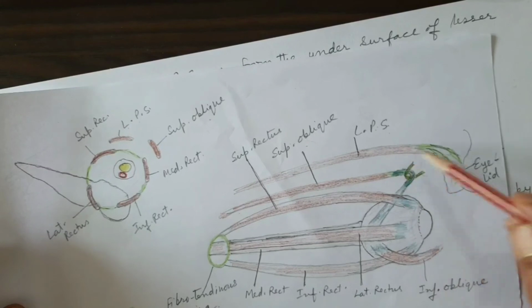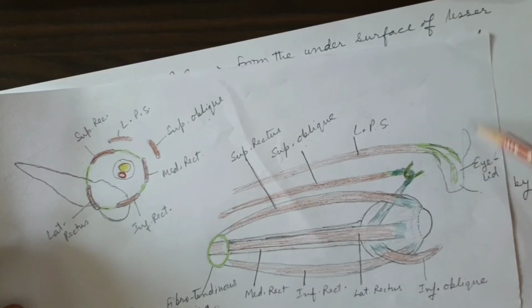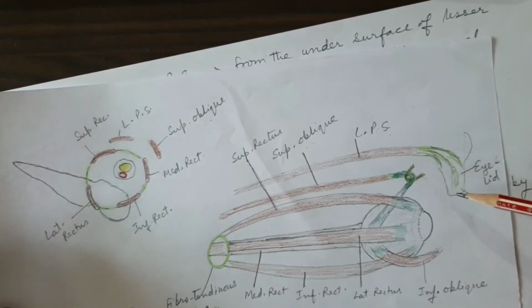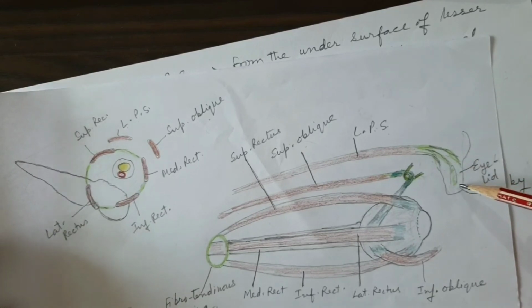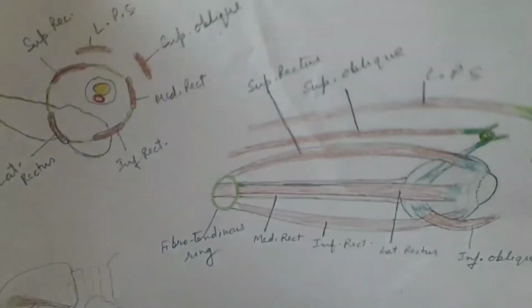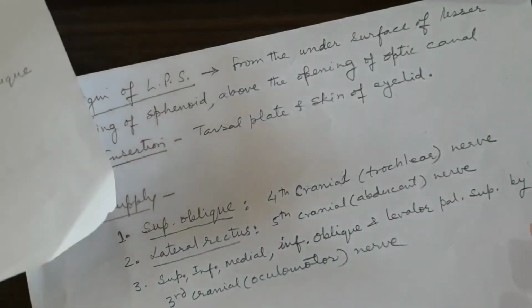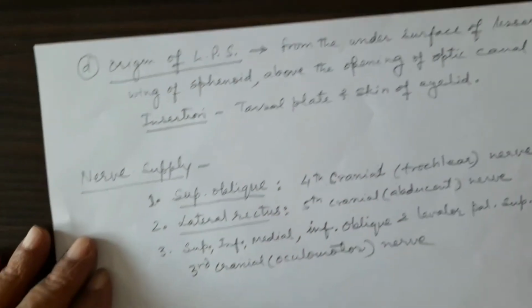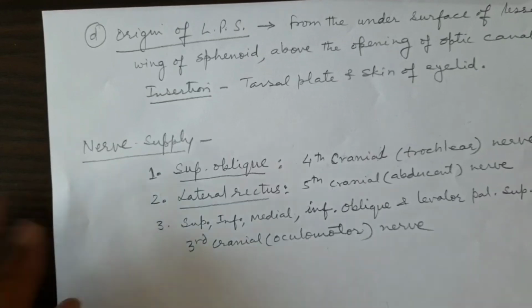So when this muscle contracts, it will elevate or lift the upper eyelid, as in the opening of the eye, the lid goes upward. So this is the muscle called the levator palpebrae superioris.